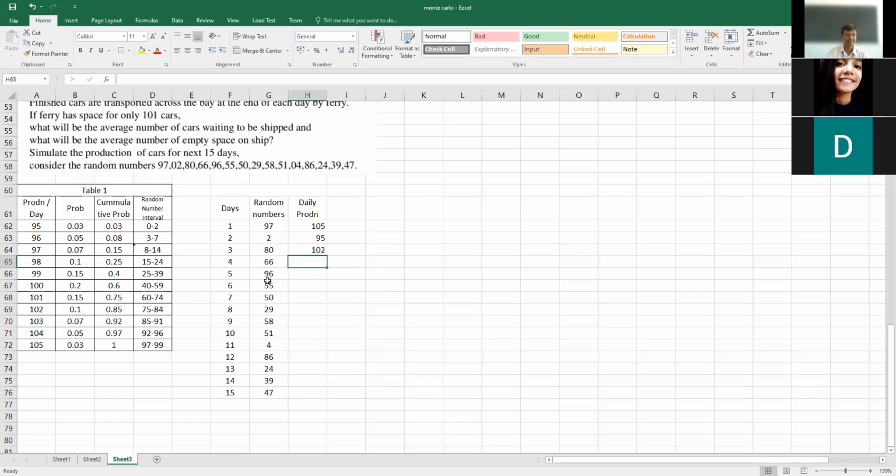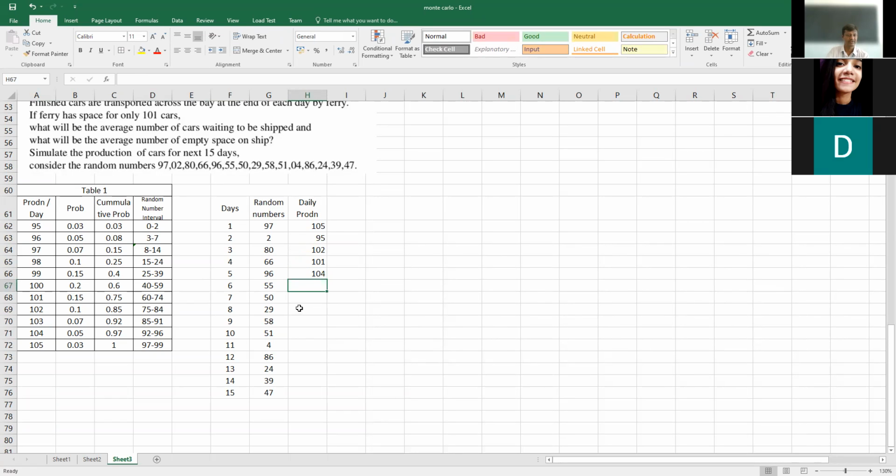The next random number is 66. 66 lies between 60 and 74, so the production is 101. On the fifth day, the random number is 96. That lies between 92 to 96. So the corresponding production is 104.